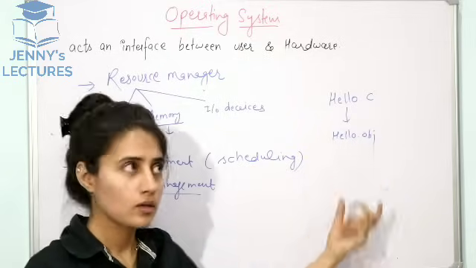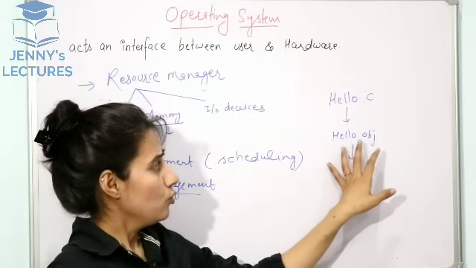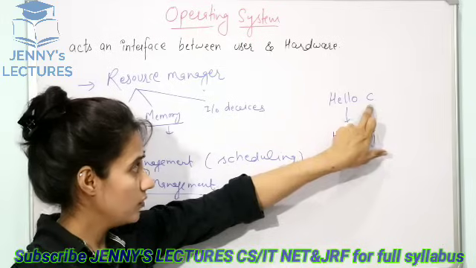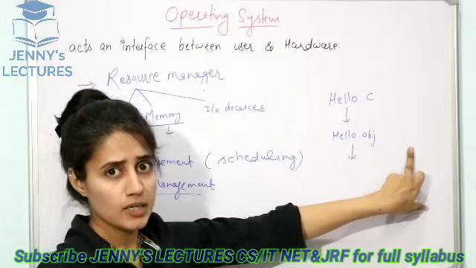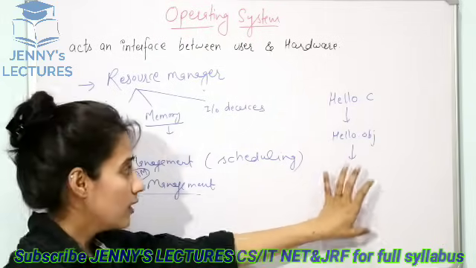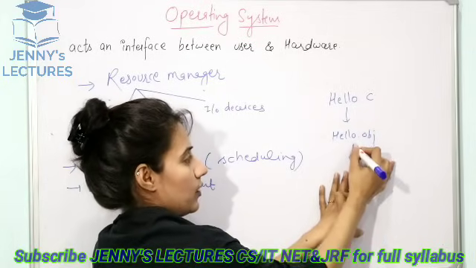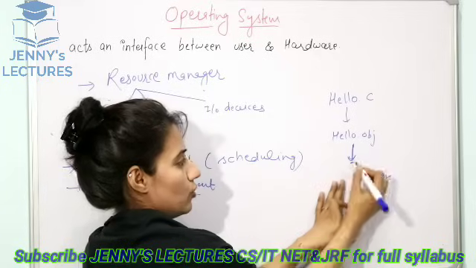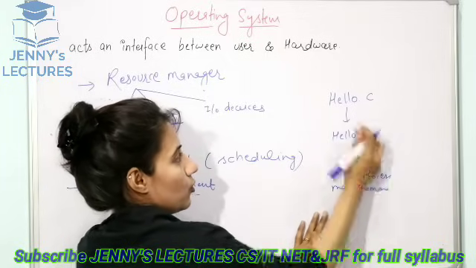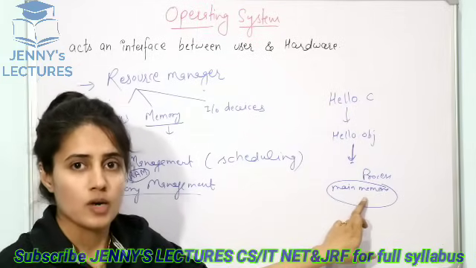Now this .c file and .obj file are stored in secondary memory, and when you start executing this program, then that would become a process. At this time, when the program starts execution, first of all some space would be allocated in main memory, that program comes into main memory, and then execution starts.